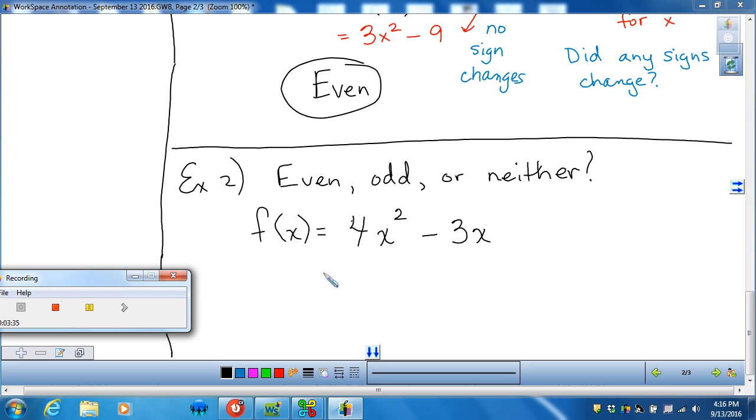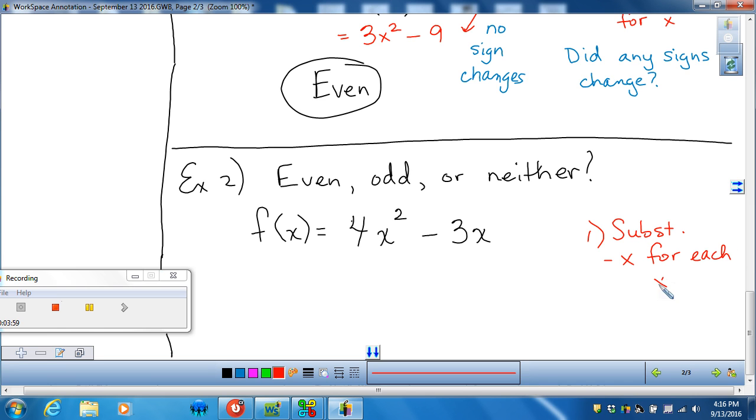Okay, now we're ready for example 2. Again, we want to determine whether it's even, odd, or neither. So I have f of x equals 4x squared minus 3x. So again, step number 1, we're going to substitute negative x for each x.